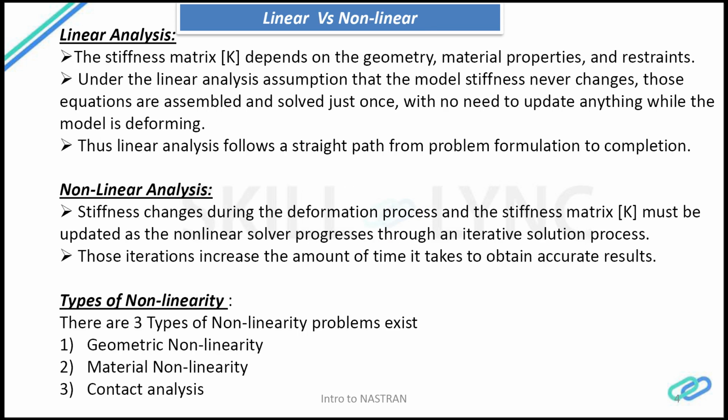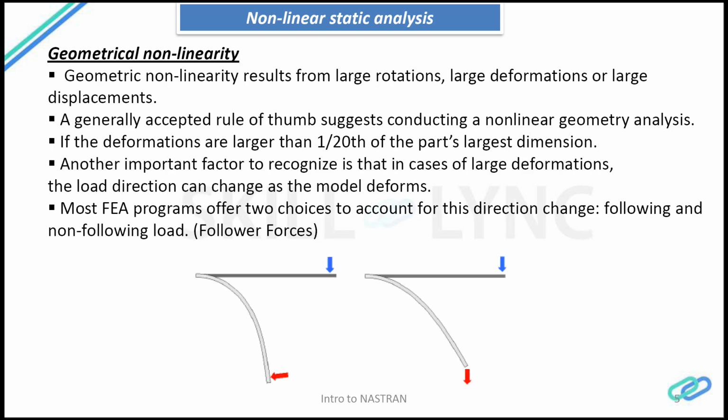So obviously the name indicates geometry, the name indicates material, and the name indicates contact, that is, something is in contact or interfacing with something. In the first case, geometric nonlinearity, it will be the cross-sectional area, the dimensions, whatever may be the geometrical variable that is causing the nonlinearity.